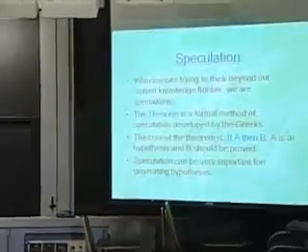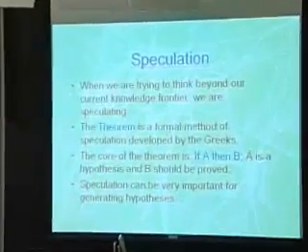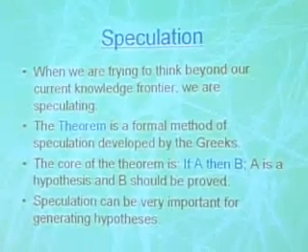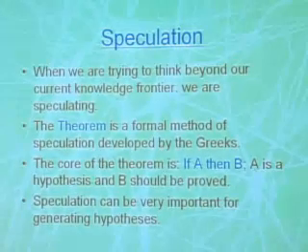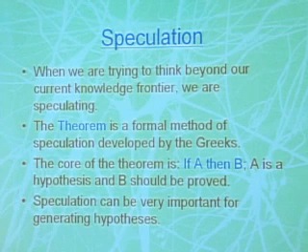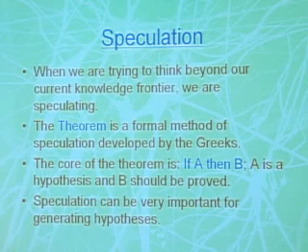The other great way created for generating knowledge is speculation. It's very ancient too. The most important is the invention of the theorem. It's Thales, the Greek, five centuries before Christ.